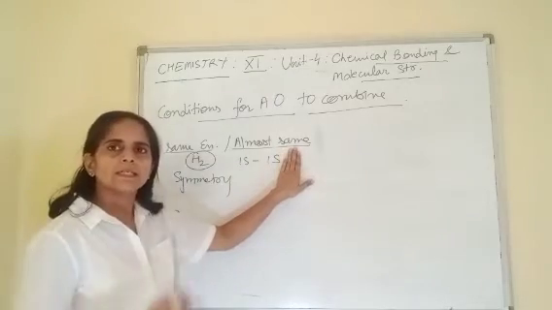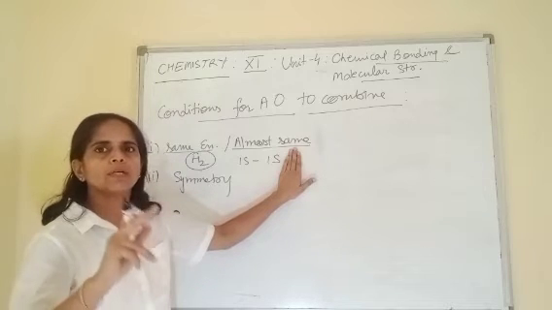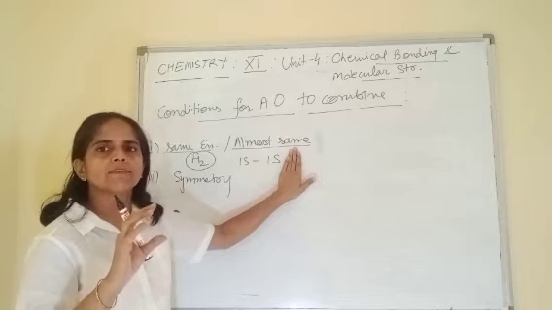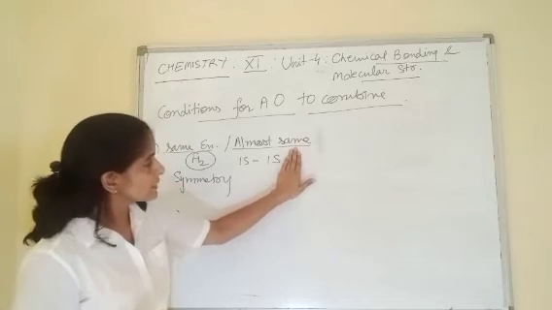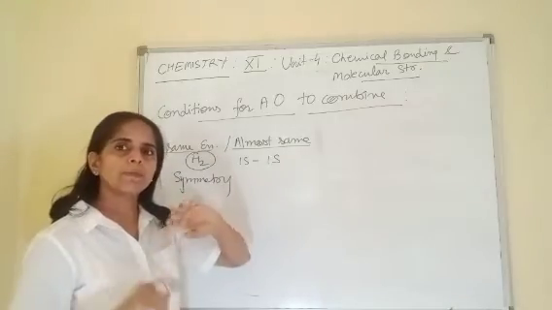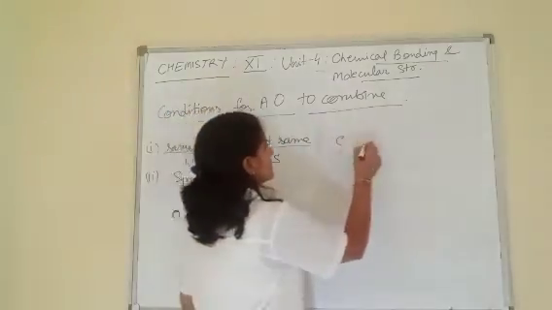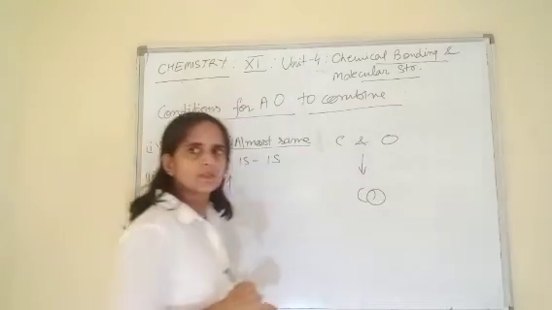Almost same, this word we will be using for heteronuclear molecules, meaning the molecules which are formed by two different atoms. Like, if we talk about the combination of carbon and oxygen, they combine giving us carbon monoxide.